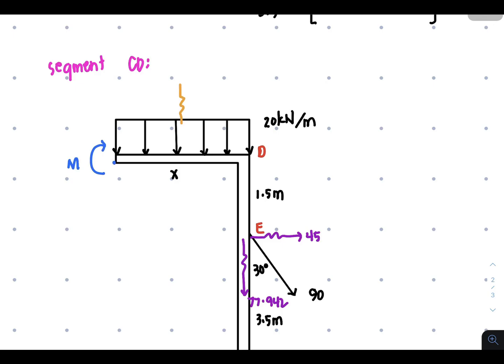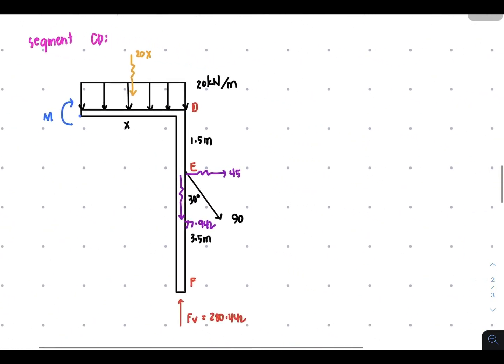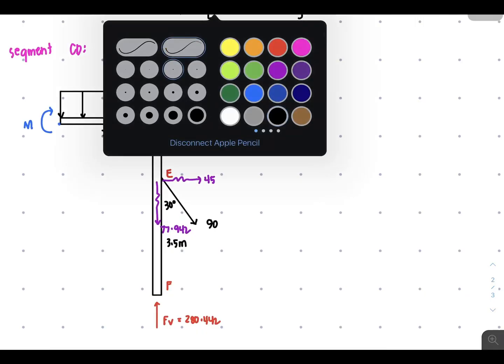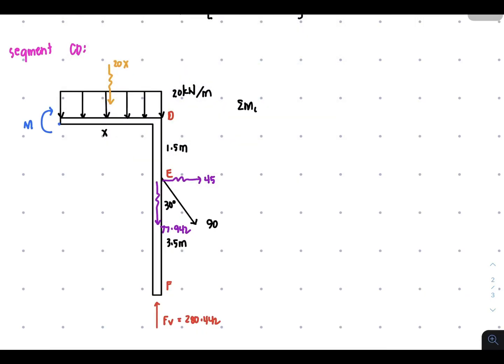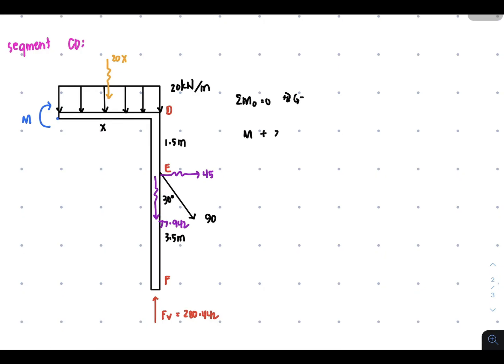This time, this is no longer equal to 60 or 20 times 6, but rather this is 20 times x. So get now the moment equation at the point of cutting. Summation moment at the point of cutting equal to 0. It's going to be now clockwise positive, counterclockwise negative. You have M as clockwise, plus 20x times 1/2 of x.